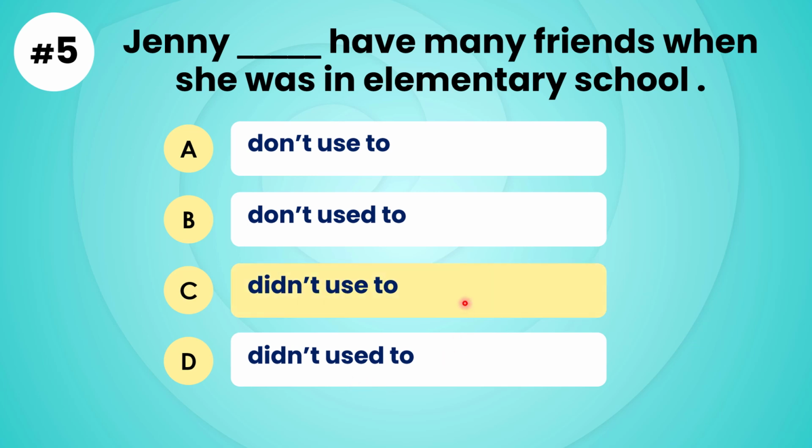Jenny didn't use to have many friends when she was in elementary school. We say didn't use to without a D because we're talking in the past tense, and after we use didn't, we do not add a D after the main verb, because didn't is already in the past tense.